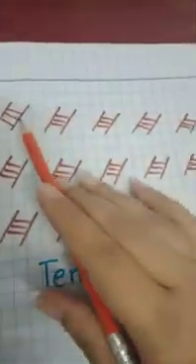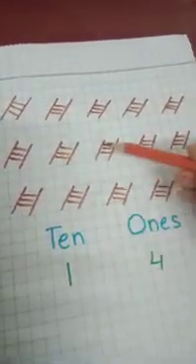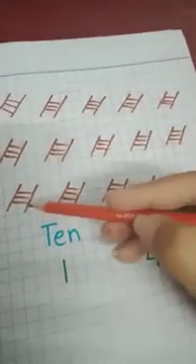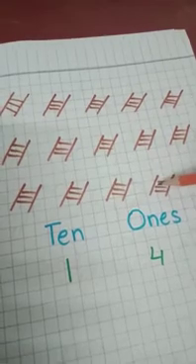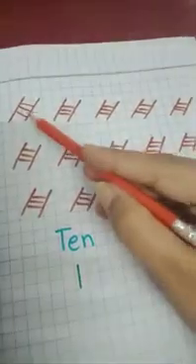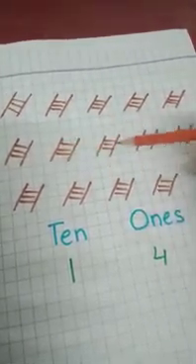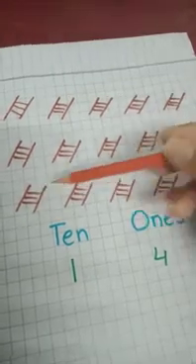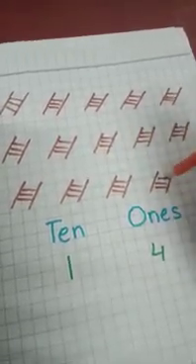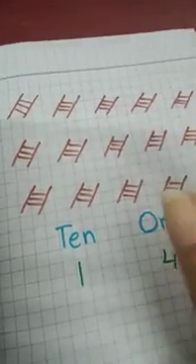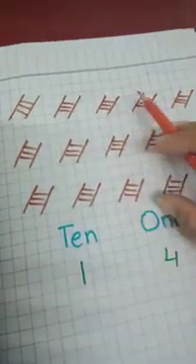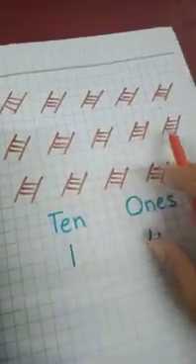Look here. How many ladders? 1, 2, 3, 4, 5, 6, 7, 8, 9, 10, 11, 12, 13, 14. First you have to count the 10 things like this, 1 to 10.